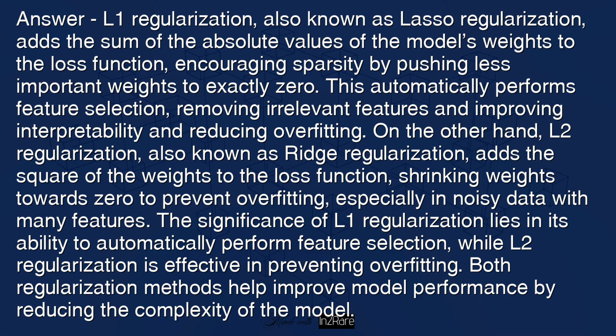On the other hand, L2 regularization, also known as ridge regularization, adds the square of the weights to the loss function, shrinking weights towards 0 to prevent overfitting, especially in noisy data with many features. The significance of L1 regularization lies in its ability to automatically perform feature selection, while L2 regularization is effective in preventing overfitting. Both regularization methods help improve model performance by reducing the complexity of the model.